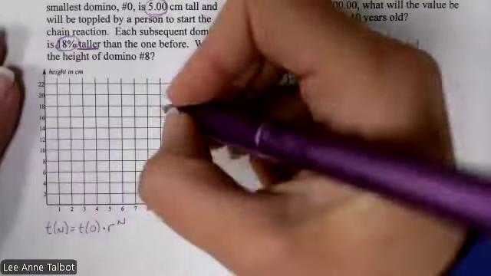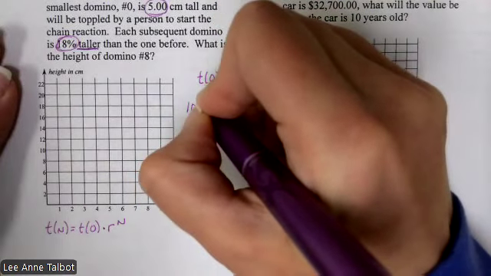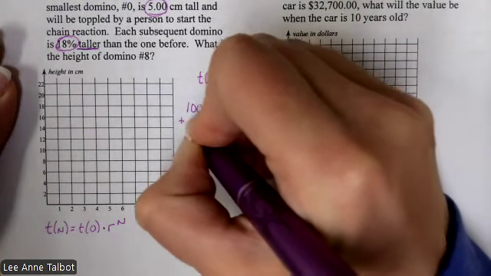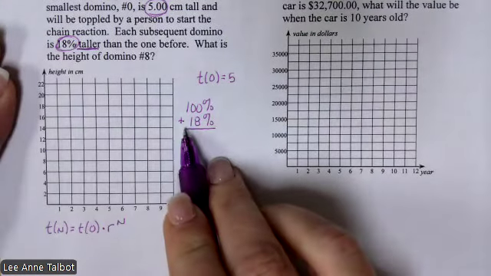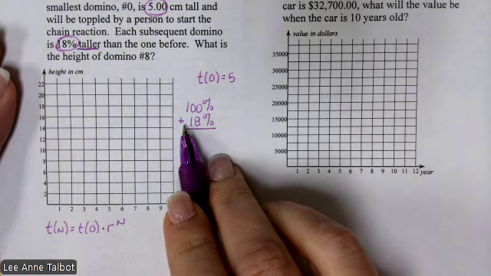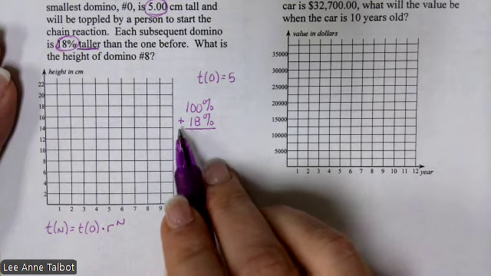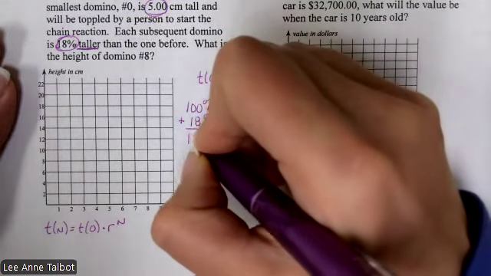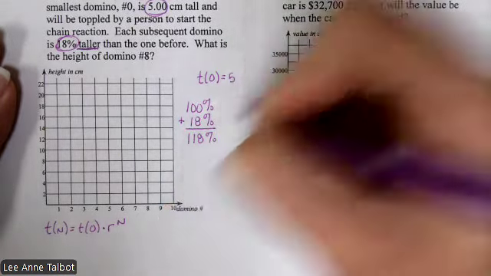Okay, so the clue here is that it says taller. So what you're gonna do is say 100% plus 18%. It's plus because it's going up each time. So taller means it's getting bigger and increasing. You're going to add those together and get 118%.